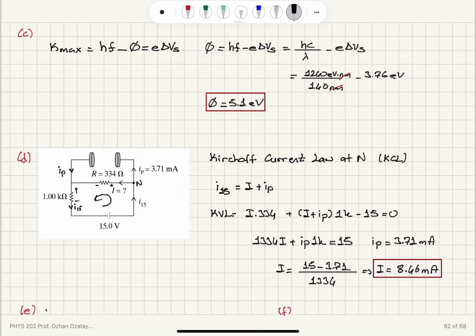So VAC, remember, this is the anode, this is the cathode, is 8.46 times 10 to the minus 3 amps multiplied with the resistance using Ohm's law. I calculate the anode to cathode voltage to be 2.83 volts.